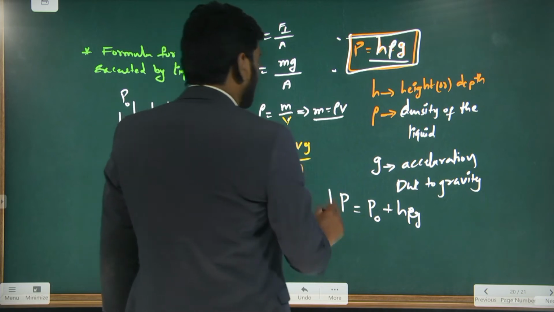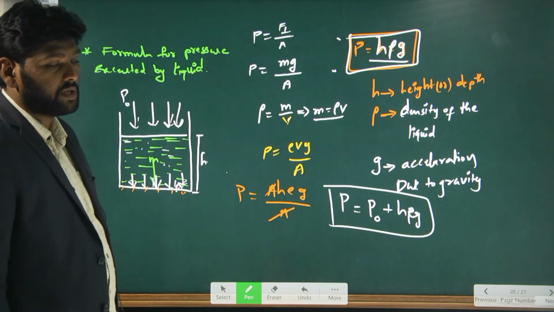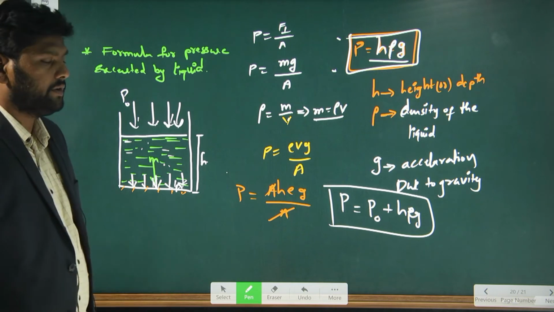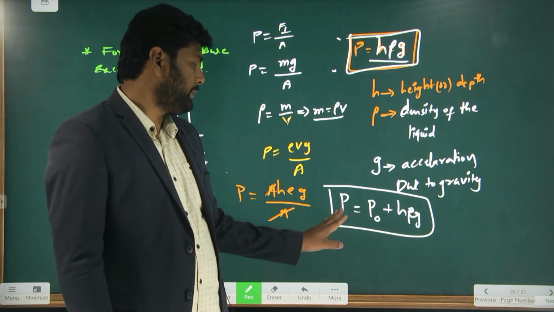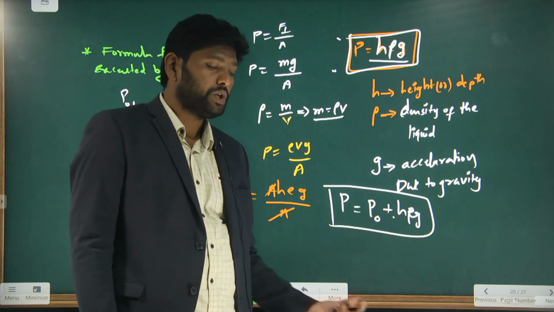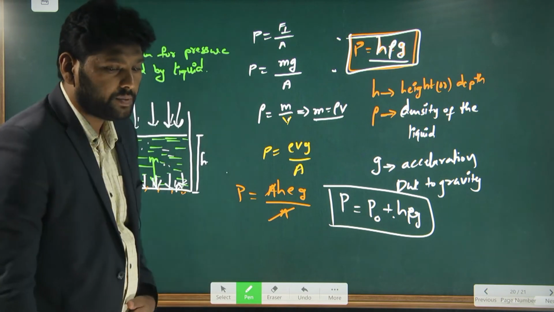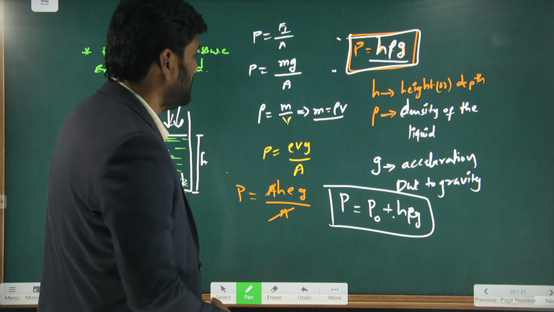This is the exact formula for pressure exerted on the bottom surface of the container due to the liquid. This is also called absolute pressure. In this formula, P is the absolute pressure, P naught is the atmospheric pressure, and H rho g is the gauge pressure.